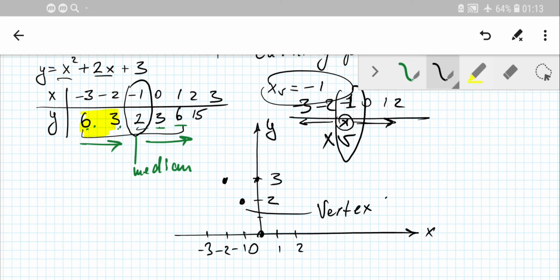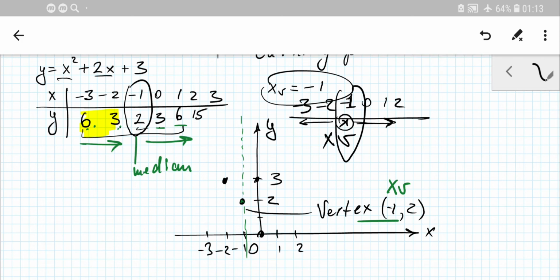of the parabola with coordinates -1 and 2, and your parabola starts coming from that point symmetrically. So it looks like that is the line of symmetry. Now it should always go through -1 because this is the x vertex coordinate. So your line of symmetry always goes through the x vertex coordinate and is vertical, of course.